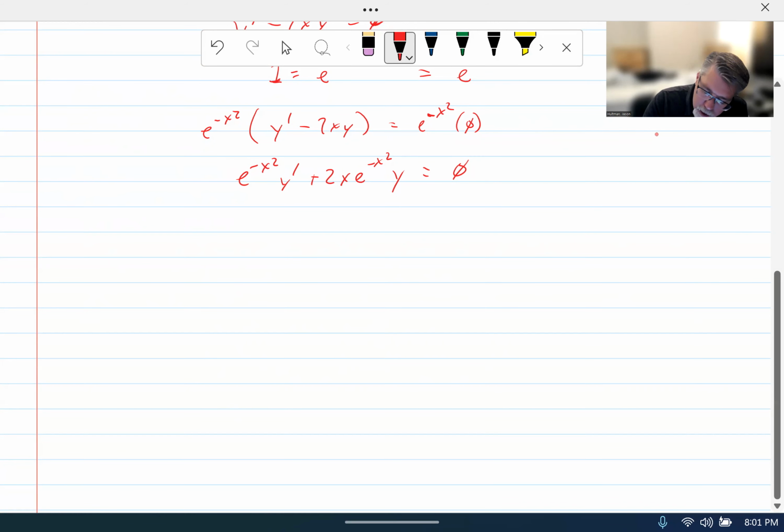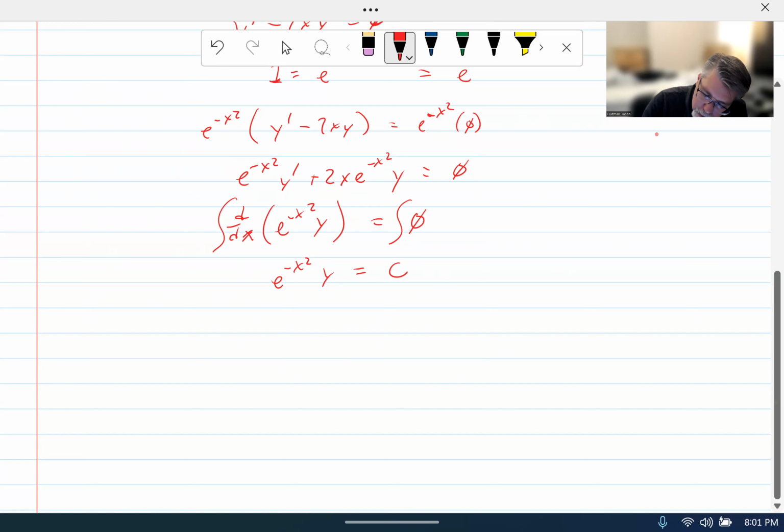Okay, so I'm going to again undo the product rule here. So this is e to the negative x squared y, d dx, is equal to 0. Now I can integrate. So e to the negative x squared y is equal to c.